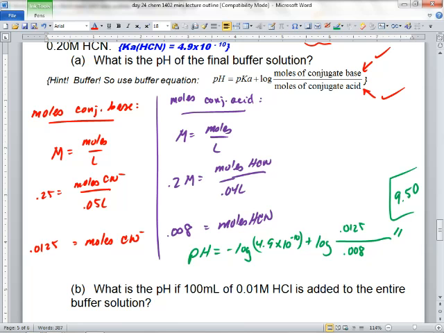So is something going to change in my Henderson-Hasselbalch equation? Will this change? No. Now will the pKa change? No, because I have to change the buffer to change the Ka, because the Ka goes with the buffer. I'm not changing the buffer. So we'll leave that the same.